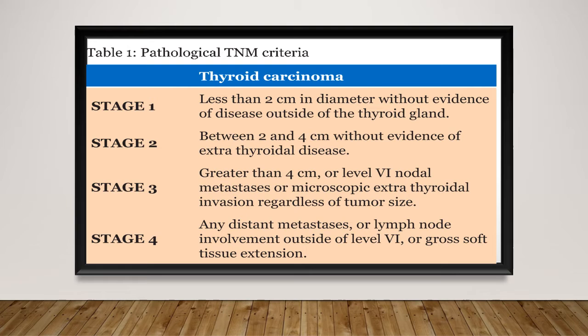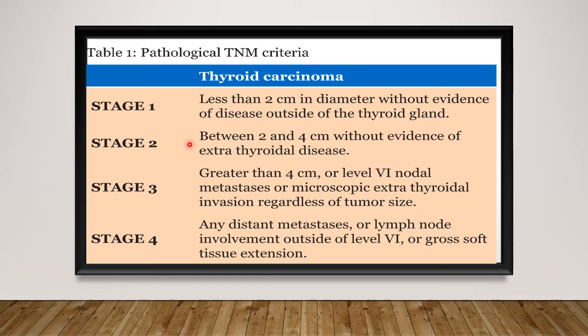The staging of thyroid cancers by the TNM criteria is a very good classification. Okay, stage 1: the tumor is less than 2 centimeters in diameter without evidence of disease outside the thyroid gland. That means less than 2 centimeters confined within the thyroid gland.